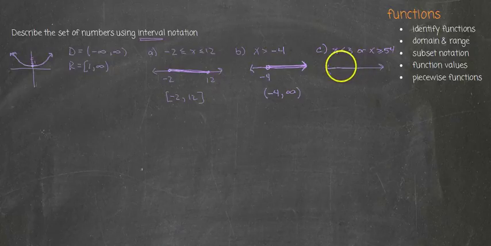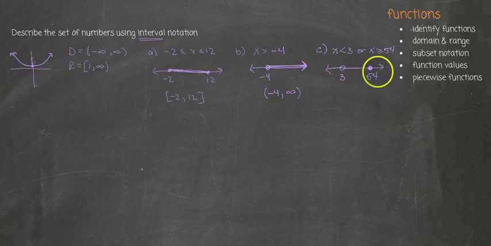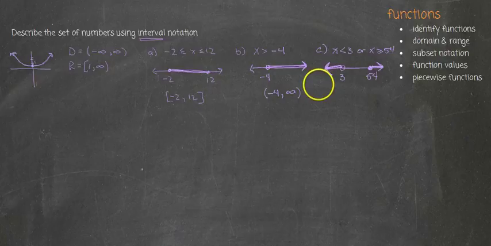At positive 3, and I'm going to put it over here because I'm noticing 54 is a big number and so we need room. So x equals 3 is not included, x equals 54 is included, but x values are less than 3 on this side and greater than or equal to 54. So there's a break right here in the middle. But this portion is an interval. From negative infinity to 3 is certainly a continuous interval, and from 54 to infinity is certainly a continuous interval.